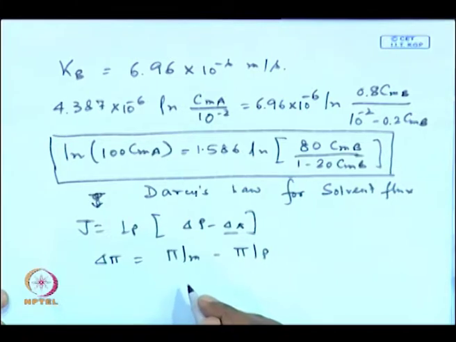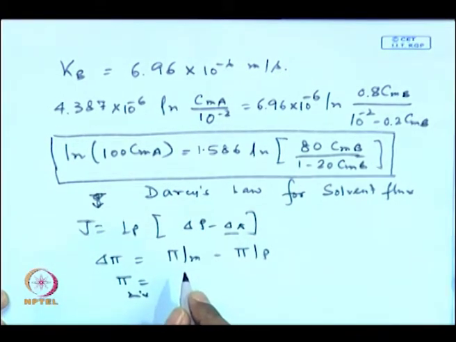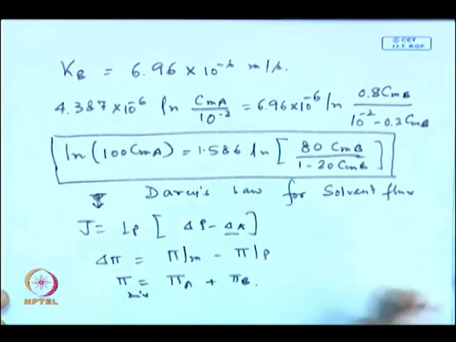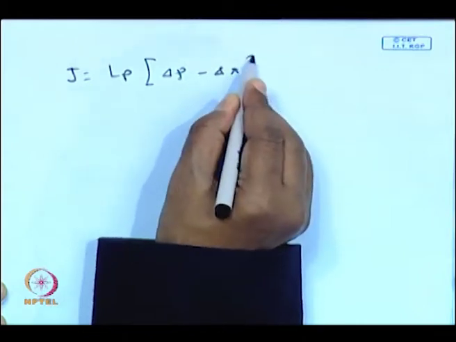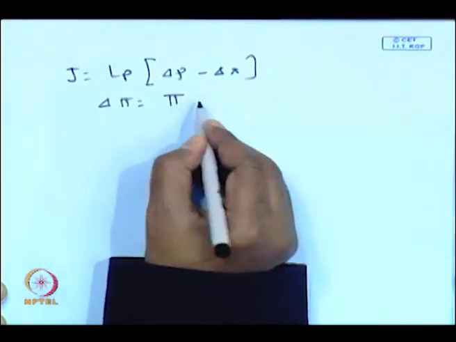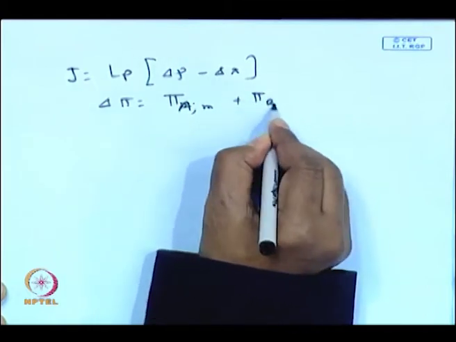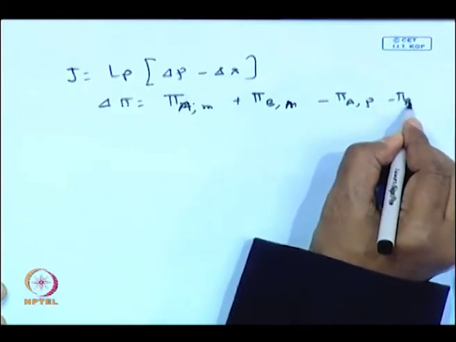But this osmotic pressure will be the osmotic pressure of the mixture, and since it is a dilute solution in the order of 20 milligram per liter, ppm level, the osmotic pressure of the mixture can be considered as a simple superposition of the osmotic pressure of individual components, okay, pi of A plus pi of B. If you really do that, then what you will be getting is J is equal to L_P times (delta P minus delta pi), where delta pi will be pi of A on the membrane surface plus pi of B on the membrane surface minus pi of A on the permeate stream minus pi of B on the permeate stream.